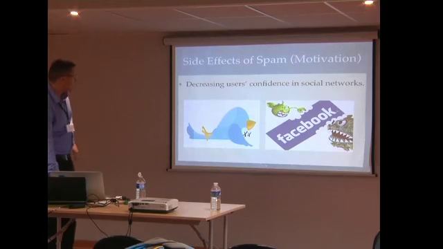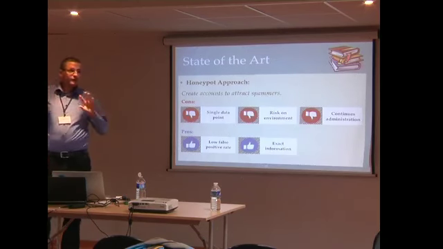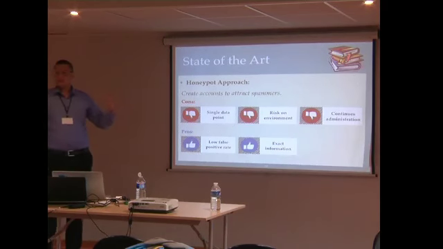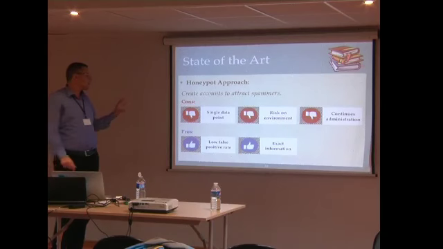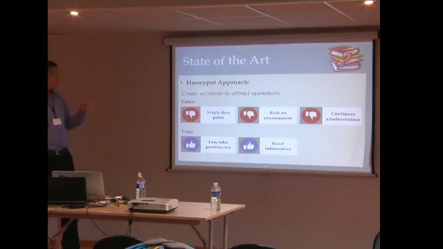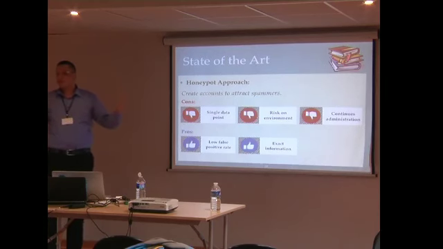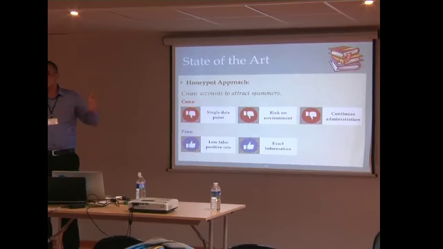For the state of the art, we have two approaches to fighting the spam problem. The first one is the honeypot approach, which works by creating accounts and injecting them into the social networks, like a normal account, without adding friends and so on.